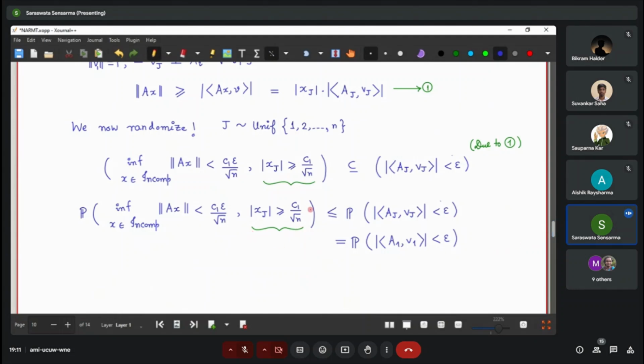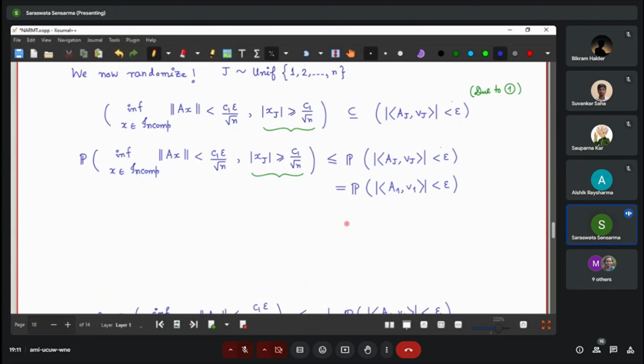now how do we get rid of this term? You can clearly see this term depends on j, and this other term is completely independent of j, so they split up.